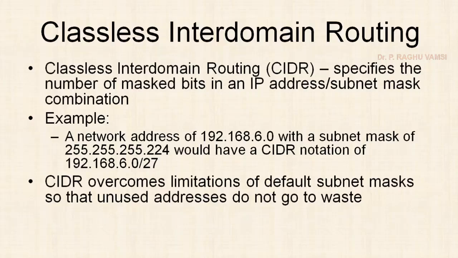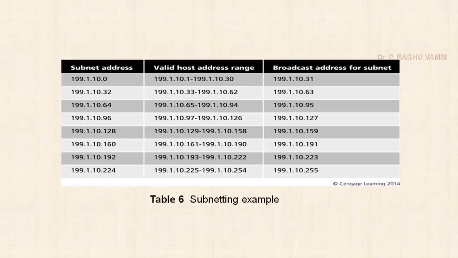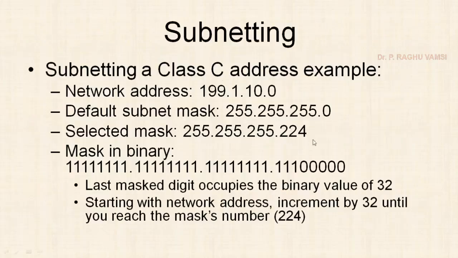It specifies the number of masked bits in the IP address or subnet mask combination. Example: a network address of 192.168.6.0 with a subnet mask of 255.255.255.224 would have a CIDR notation of 192.168.6.0/27. What is this /27? Whenever you convert 224 into binary, you look at the first octet: all 8 bits are 1.